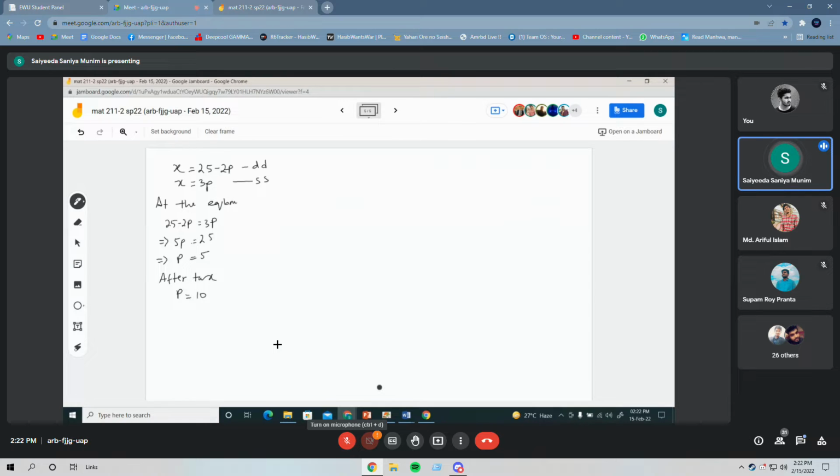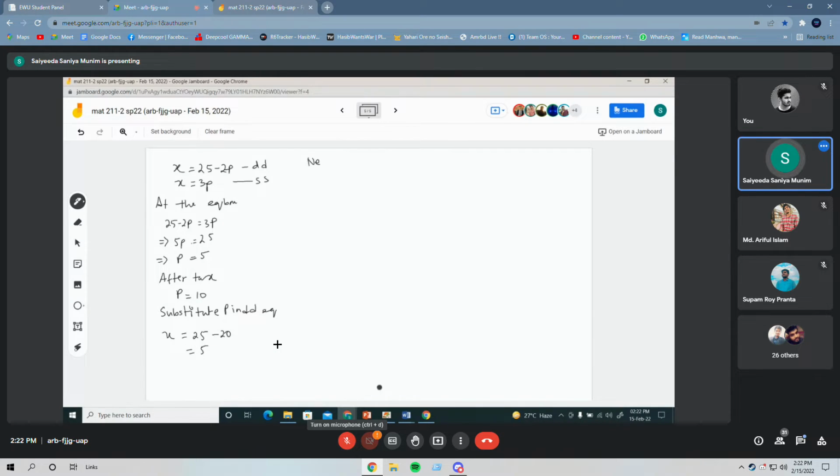So if price is 10, substitute price in demand, find the quantity. Okay, so X will be 25 minus 25.